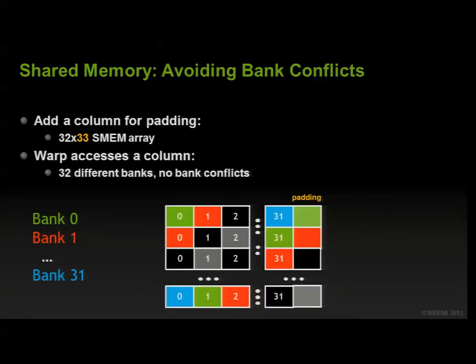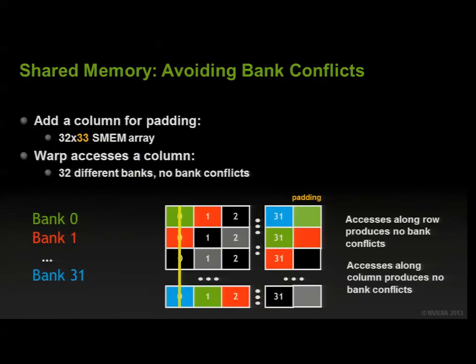Maybe I should do something about it. And the resolution in most cases is just something similar to this. You want to make sure that, for the shared memory access patterns you need in your code, you're accessing disjoint memory banks.